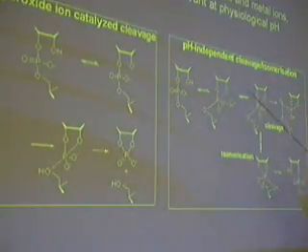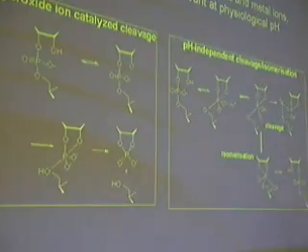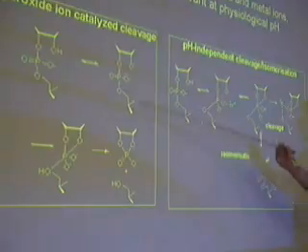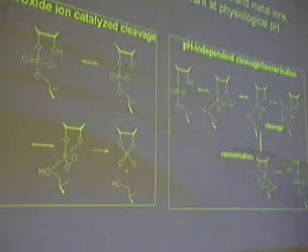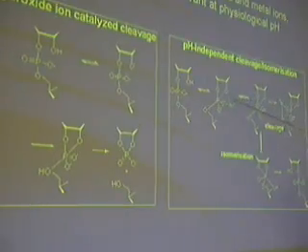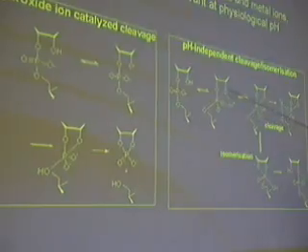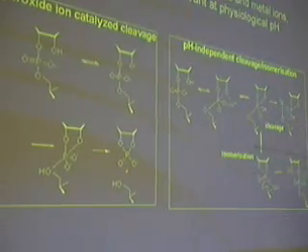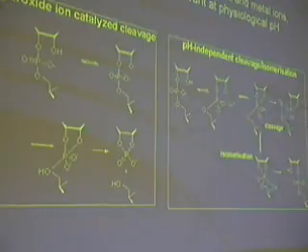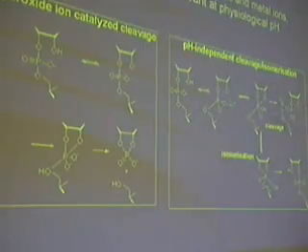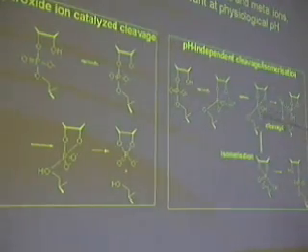But there is another possibility, a pH-independent cleavage, which under neutral conditions is already slower than this one, and it goes in a bit different manner. There is a proton transfer from the OH to phosphate and nucleophilic attack at the same time, and now we actually obtain an intermediate which is more or less stable.